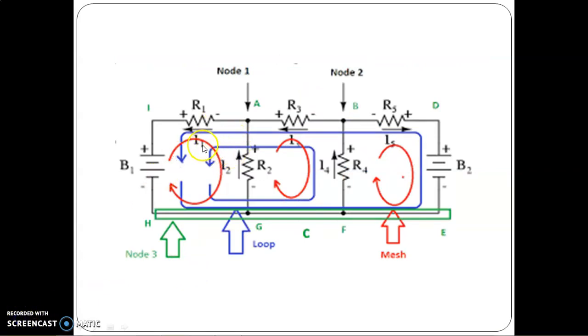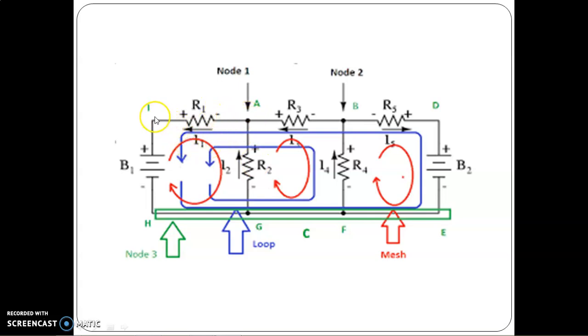See the circuit here. The blue color line represents a loop. Within that loop another loop is also present, but the red color symbol represents a mesh. So there are three meshes, and the green color portion represents the nodes, that is A, B, here it is D, here it is E, F, G, and H. As I have already told, a node is nothing but one or more elements meeting at a particular point, which is represented by a dot.